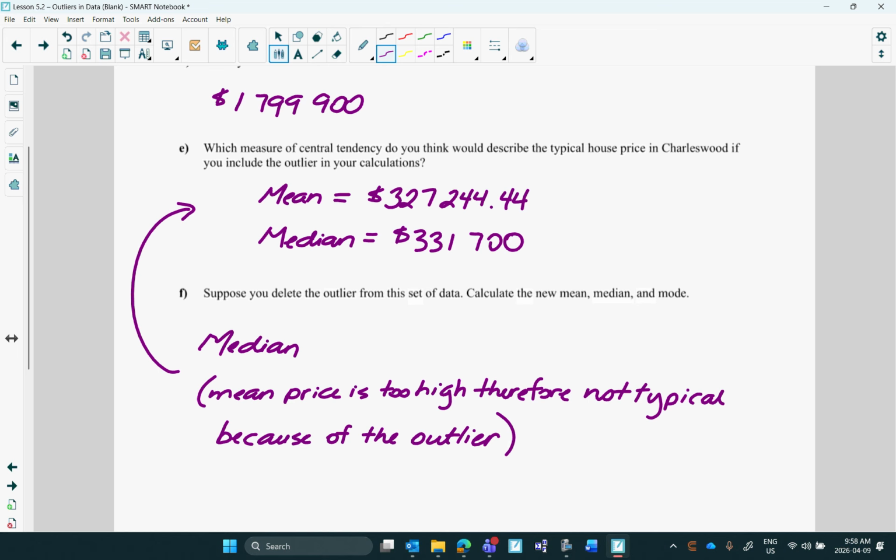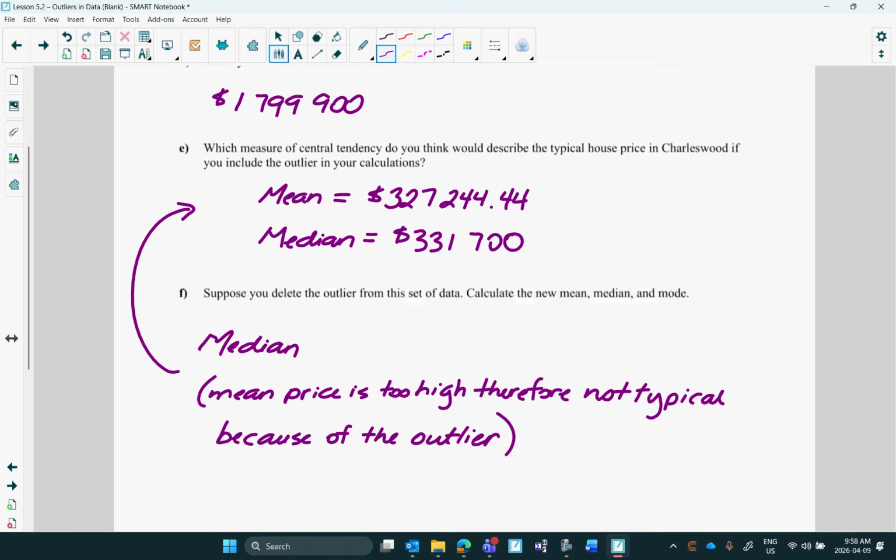Okay? So sometimes that's what we can do to address extreme values or outliers, is we can remove them and calculate what's left. There's another thing that we can do as well that I'll talk about a little bit later on.